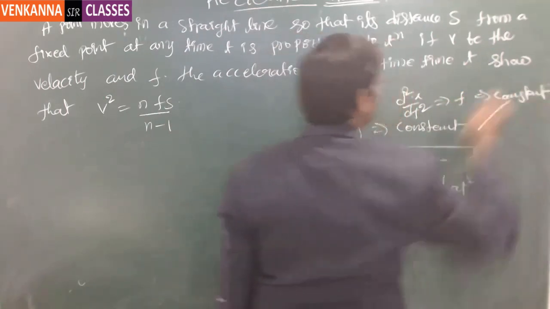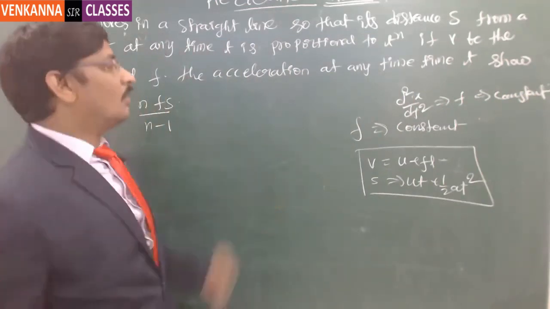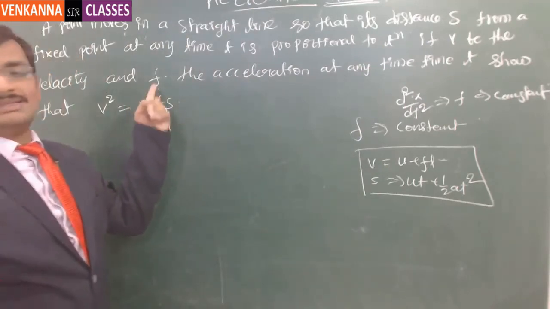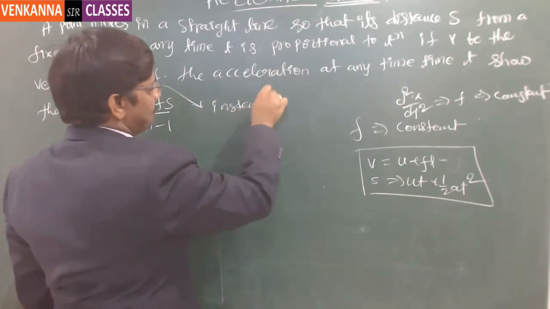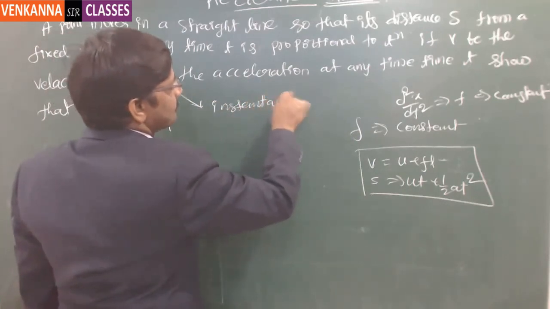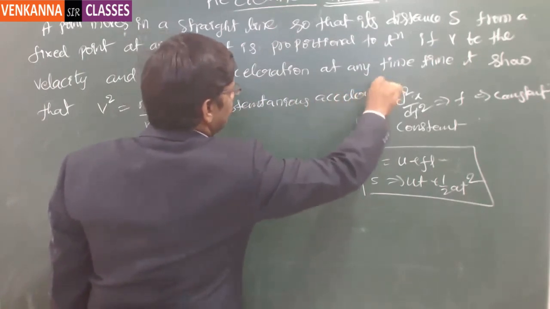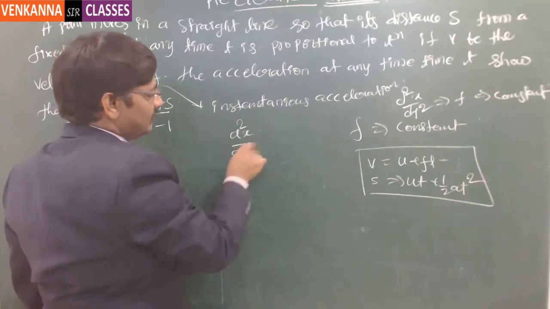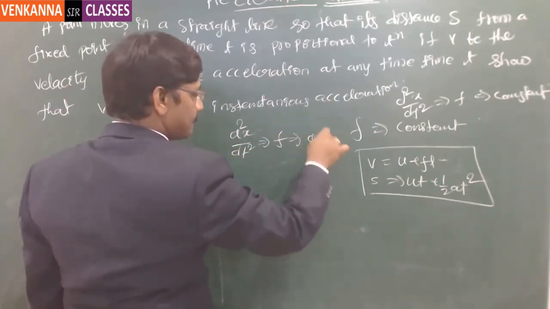So don't try to use the formulas. Go with the normal procedure of our calculus. Here, whatever acceleration he has given is the instantaneous acceleration. So instantaneous acceleration is nothing but d square x by dt square, which is f, a function of t.